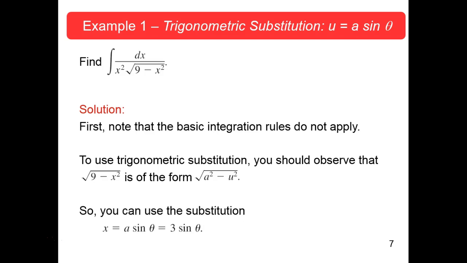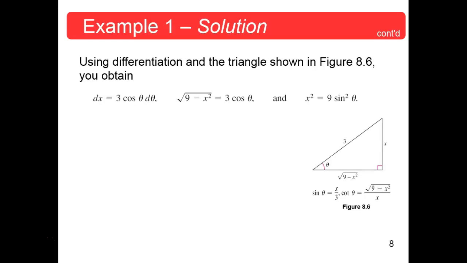So go with the sine substitution. That x equals a sine theta, which in this case is 3 sine theta. Okay? Now, using differentiation and the triangle, do this. First, do your dx is 3 cosine theta d theta. This thing, where you did your x squared, which they don't show here, is 9 sine squared theta.